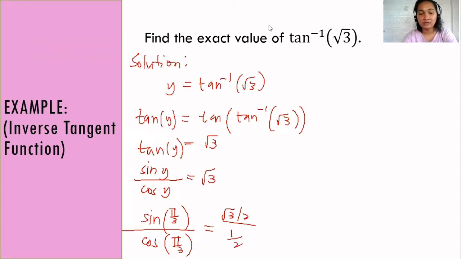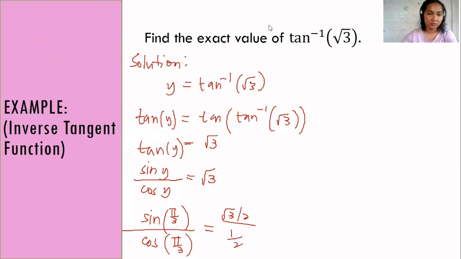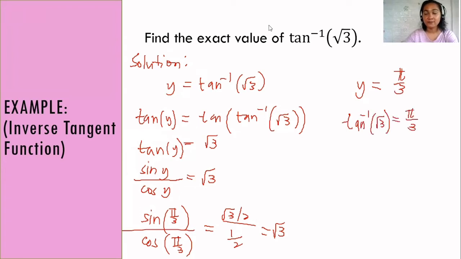Let's use our calculator to verify this. Square root of 3 over 2 divided by 1/2, indeed we get square root of 3. Therefore, the value of y will be pi over 3. Inverse tangent of square root of 3 is equal to pi over 3.